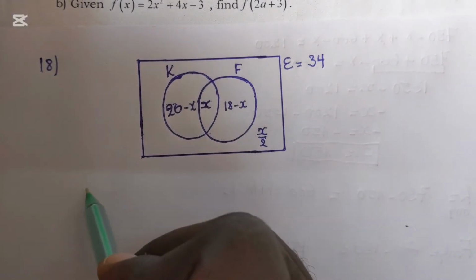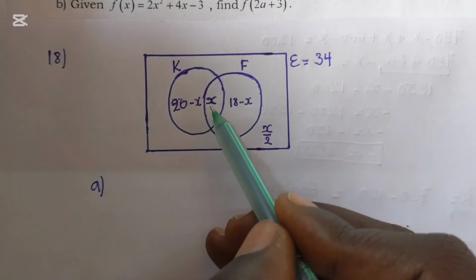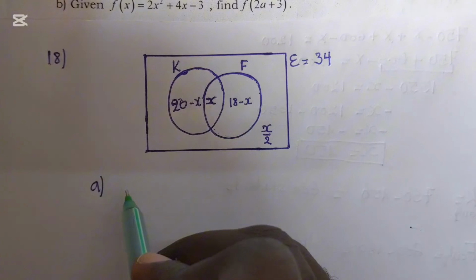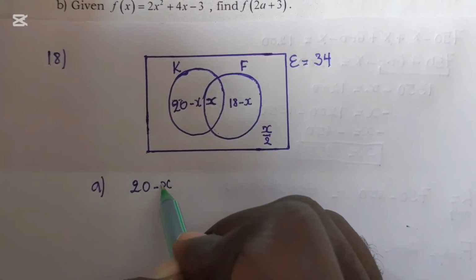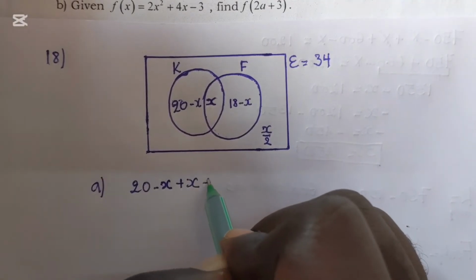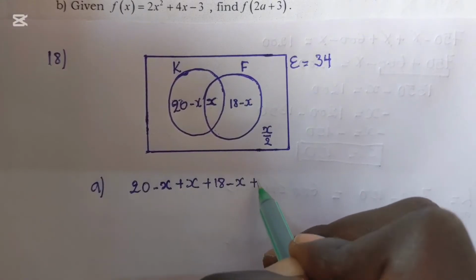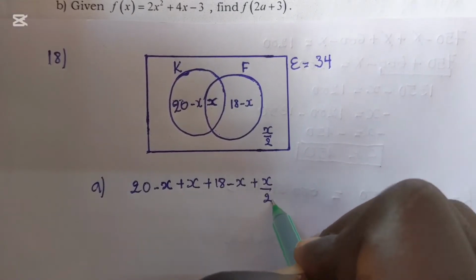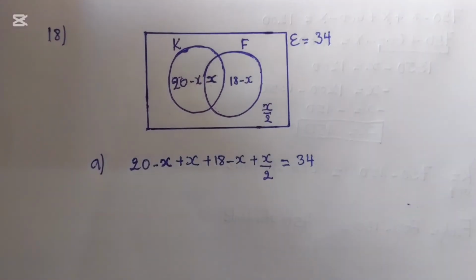Then, to find those who did both, we get 20 minus x plus 18 minus x plus x over 2 equal to 34.